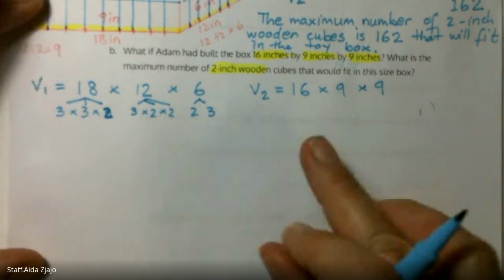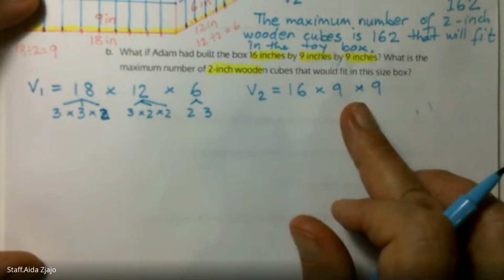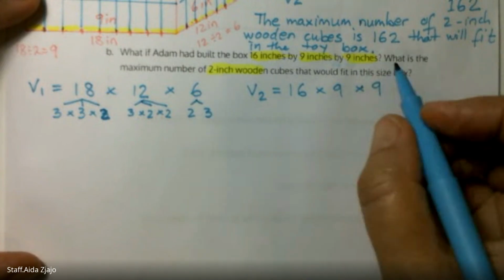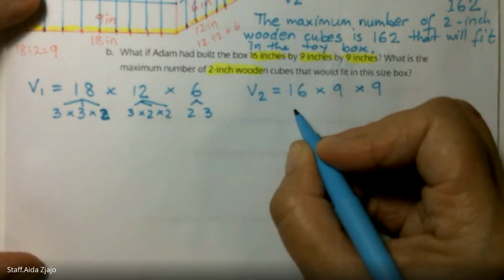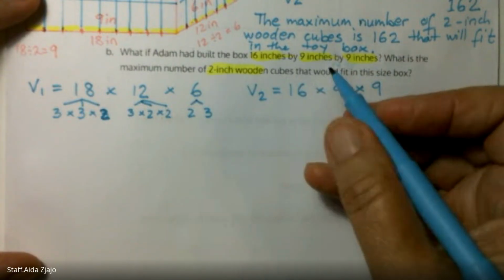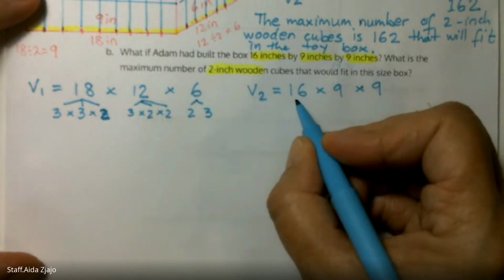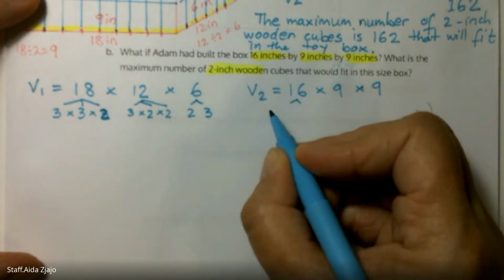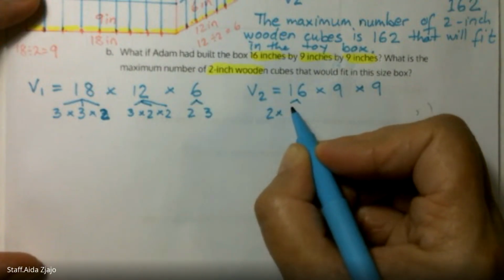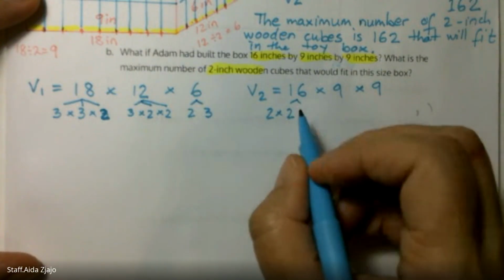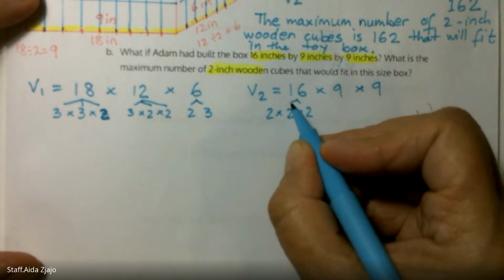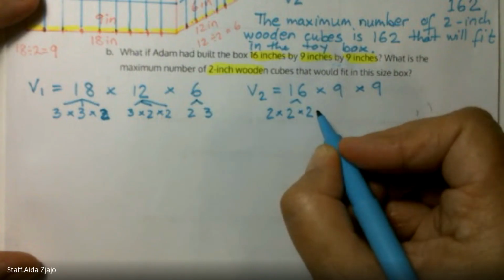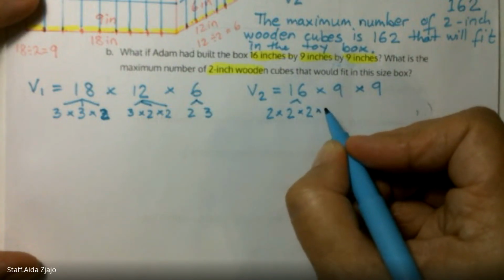Now let's see the prime factors of the second box. If we do 16, that would be 2 times 2 is 4, 4 times 2 is 8, and 8 times 2 is 16.